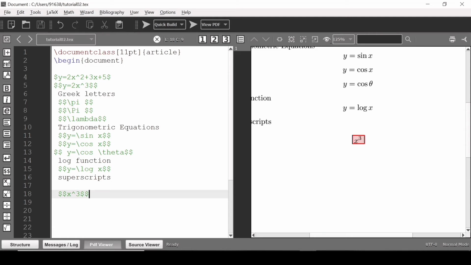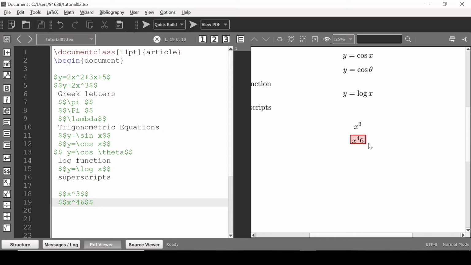It will show you a simple x cubed, but if you want a result like x to the power 46, let's suppose, it will not work, this is absurd. So for this you have to put it in a curly bracket.